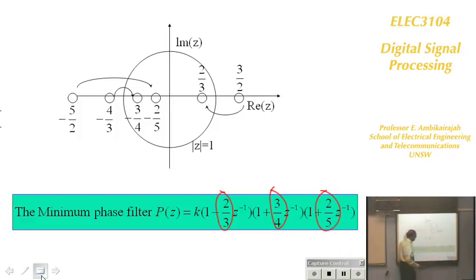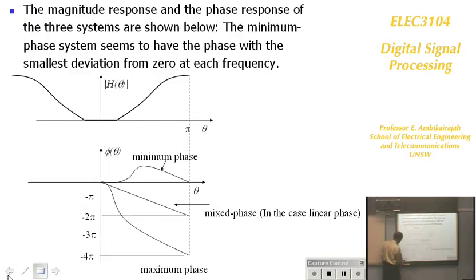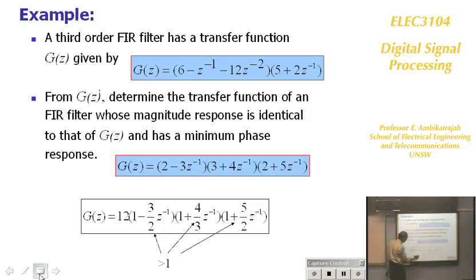Now what happened is, you can have a look here. If you go back here, that multiplied by that, look at the DC gain.